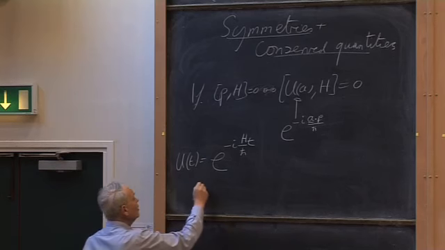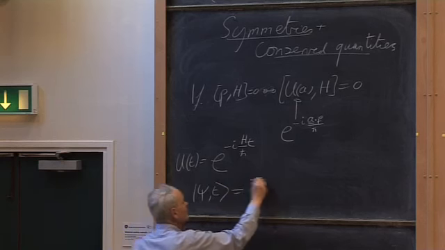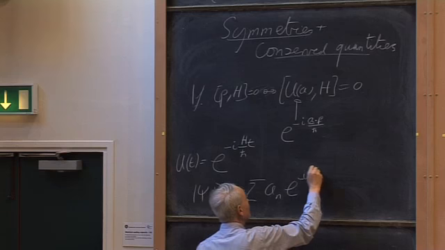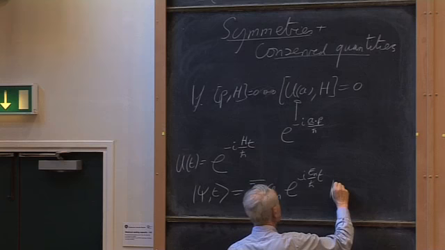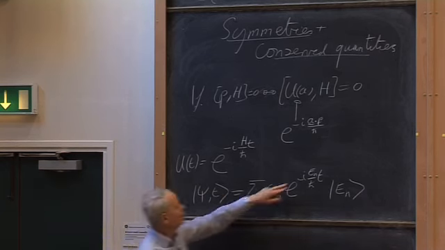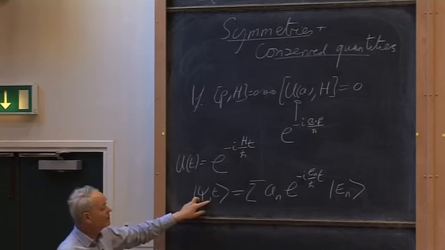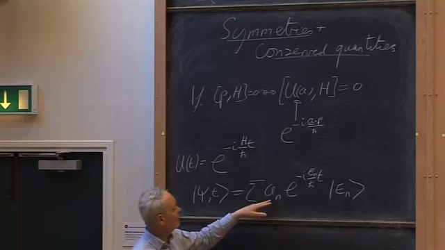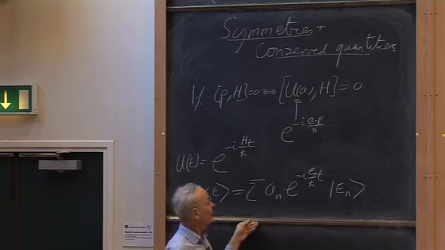Well, we already know that psi at time t is equal to the sum of a n e to the minus i E n over h bar t times E n, don't we? This is our standard means of solving the time-dependent Schrödinger equation: decompose the given state into a linear superposition of energy eigenstates at any particular time, for example at t equals 0, and then evolve by multiplying each term in this series by this exponential here.